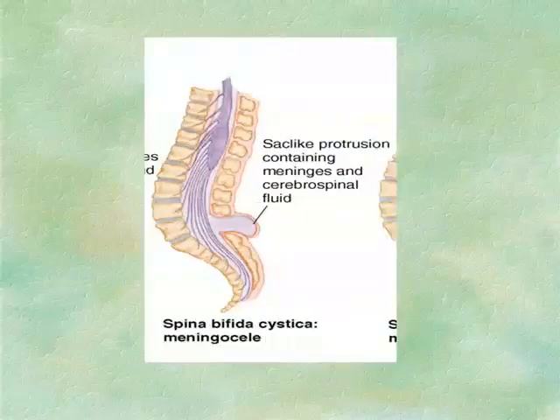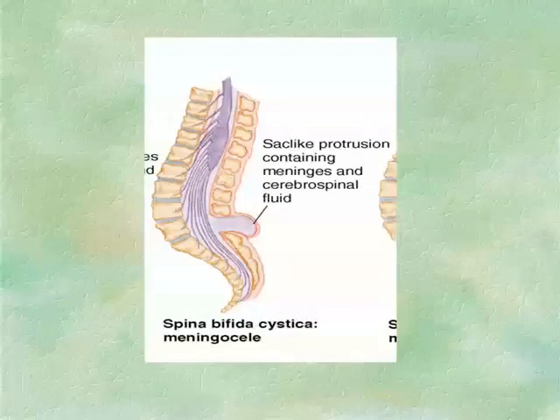Now as we start moving up the ladder a little bit here with a meningocele. You can see the same thing as with spina bifida occulta, where there's that gap between the vertebrae. But with a meningocele, now we have a protrusion through that opening, a sac-like protrusion that contains cerebral spinal fluid.